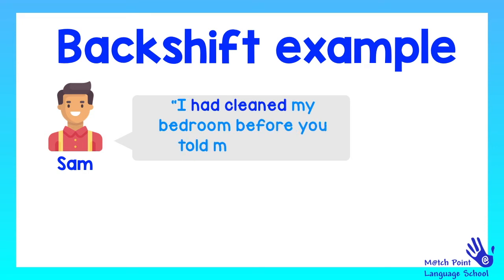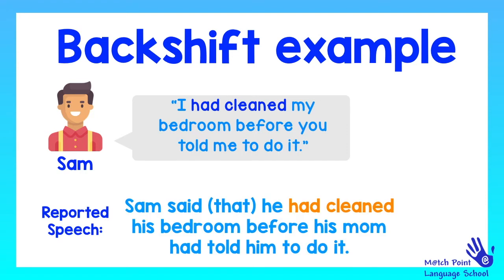Sam says, "I had cleaned my bedroom before you told me to do it." If we use this sentence in the reported speech, it will be like this. Sam said that he had cleaned his bedroom before his mom had told him to do it. Okay, we keep the verb in past perfect.